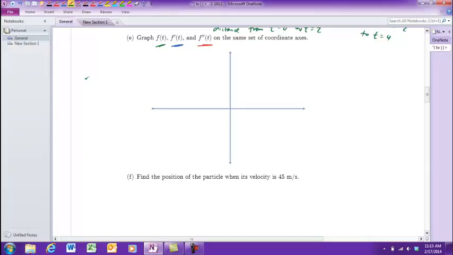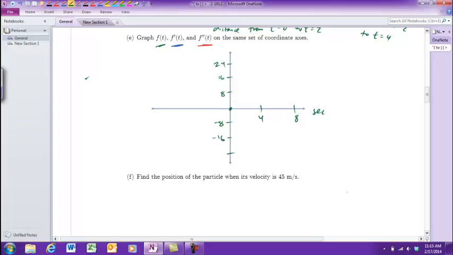And if I graph that, let's put some numbers on here. This is 8, 16, 24. Do those for negatives as well. And then let's say this is 4 seconds and this is 8 seconds.